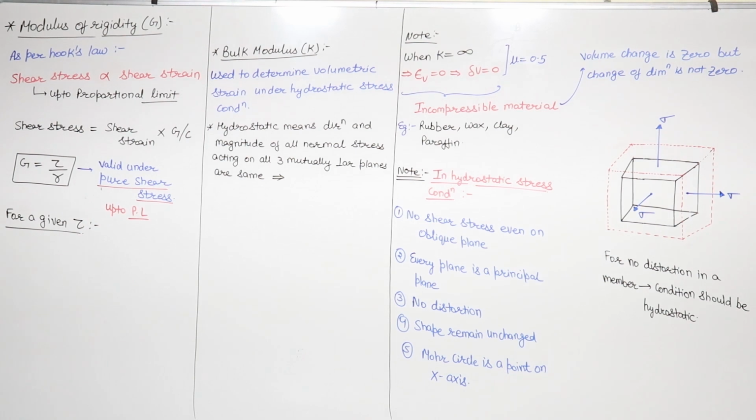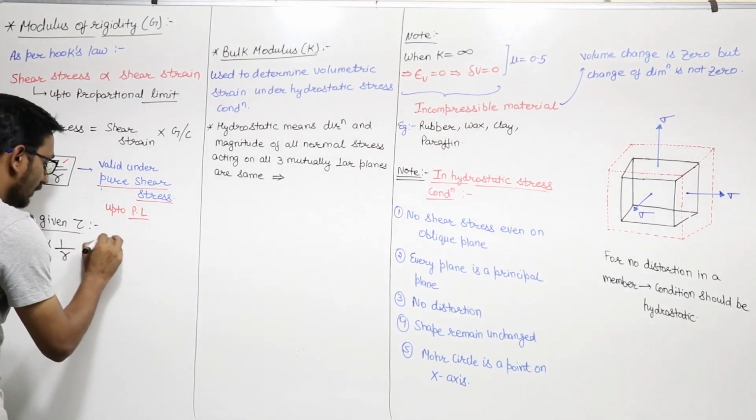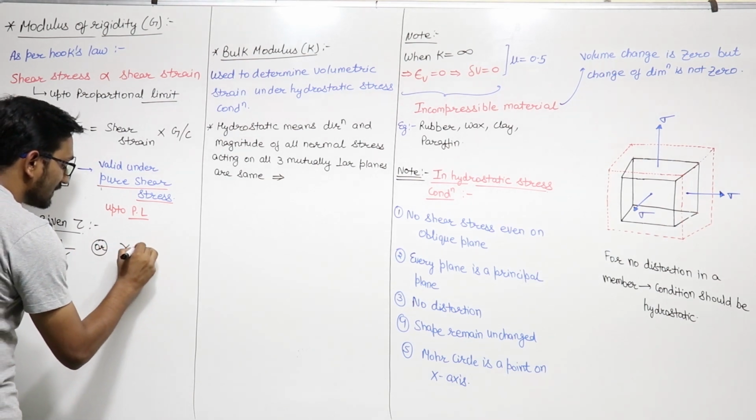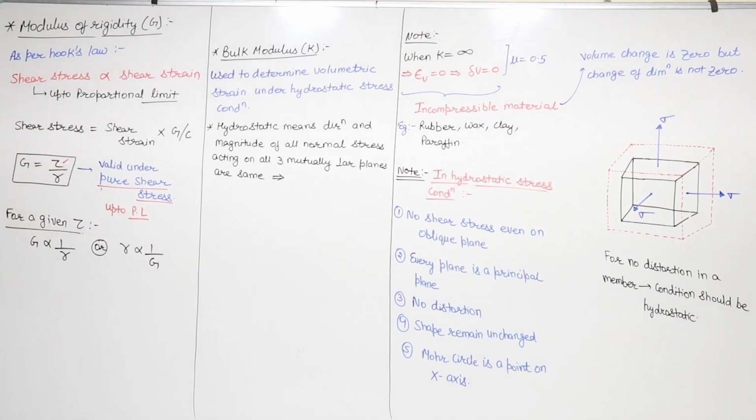For a given shear stress, if I keep the shear stress constant, we can write that shear strain is inversely proportional to the modulus of rigidity.